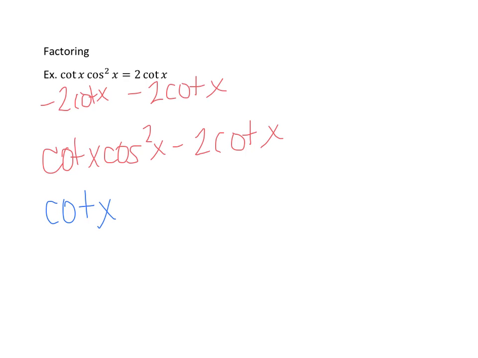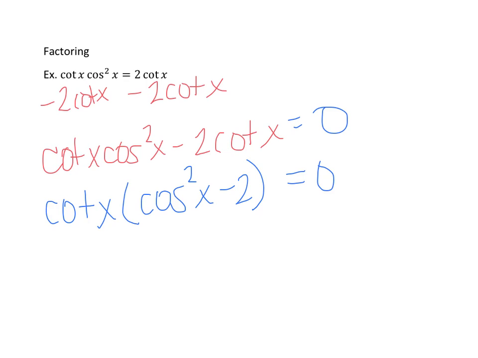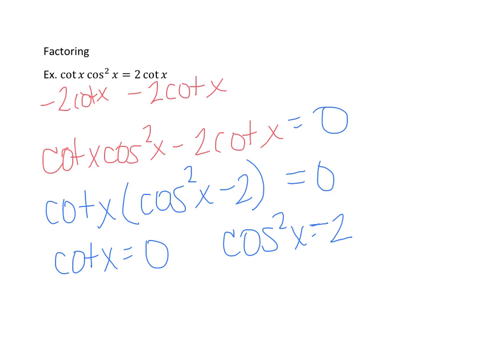So cotangent x times cosine squared x minus 2, and this equation does equal 0 since we took everything from the right side. Now I've got 2 to solve. I've got to solve cotangent x equals 0, and I've got to solve cosine squared x minus 2 equals 0.